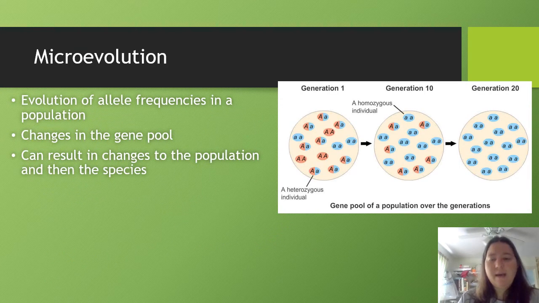So microevolution is the actual changing of allele frequencies. You can see here, we have big A's, little a's. We've got some homozygous dominant, some heterozygous, some homozygous recessive. For some reason, the homozygous recessive is the best off. So in 10 generations, we're seeing more homozygous recessive, but we still have that dominant allele hanging on. And then by generation 20, all of those dominant alleles are gone.